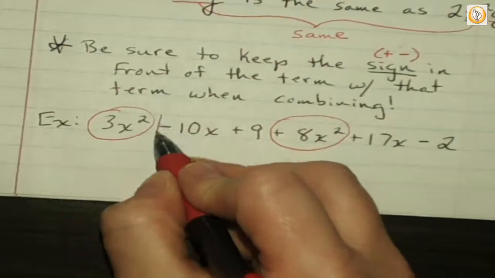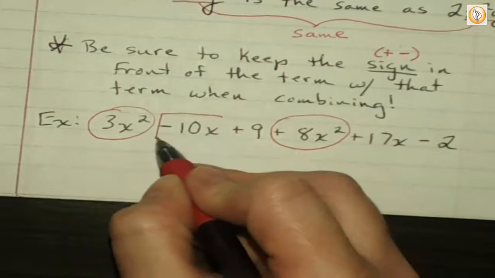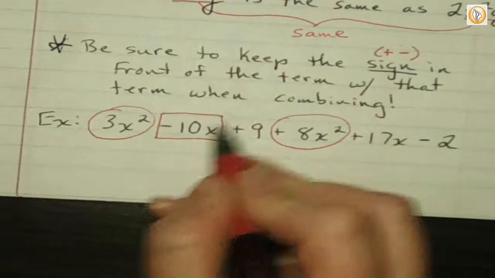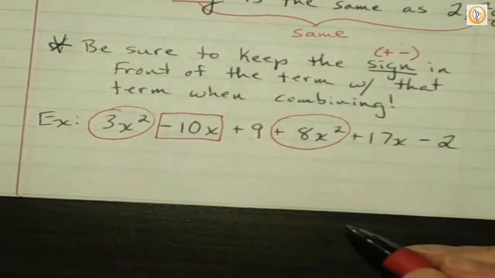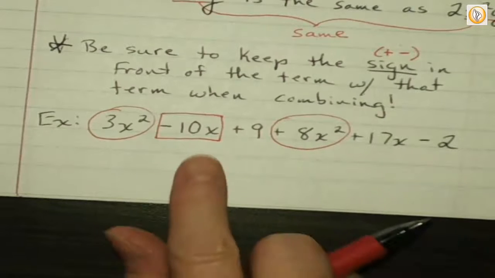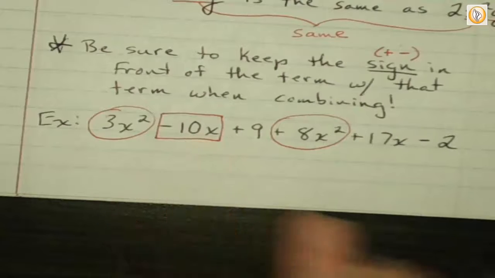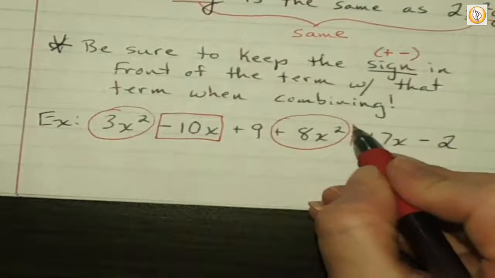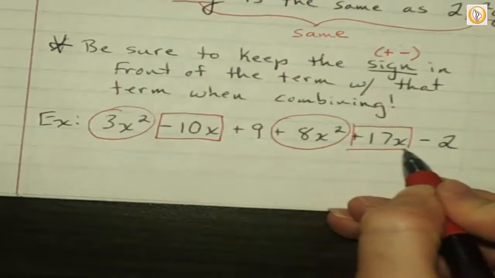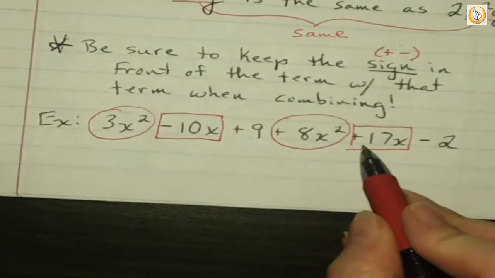Now I have this next one. And look, I'm making a box around it, and I'm including the negative sign. Izzy, is there anything I can combine with the negative 10x? Positive 17x. So I'm putting a box around it as well, and including the sign in front of it.